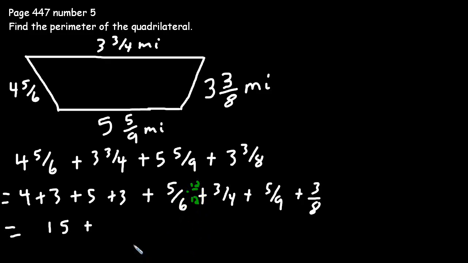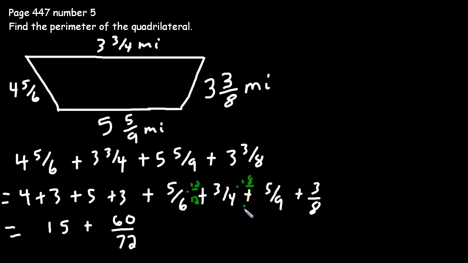And so 5 over 6 would be the same as 60 over 72, if we multiply 5 times 12 and 6 times 12. 3/4, we'd have to multiply that by 18 to get a denominator of 72.